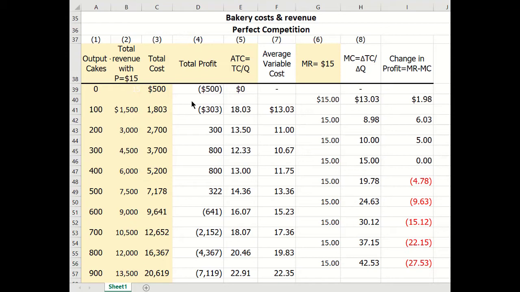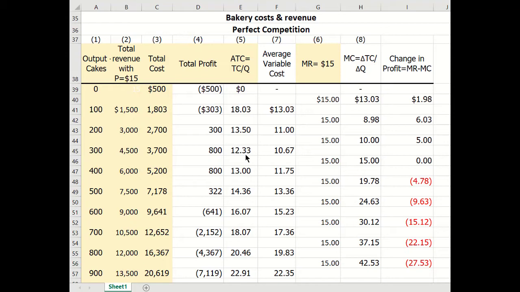Now let's continue with this table here. Let's look at average total costs, column 5. When you hear average total cost, you should think U-shaped. And let's see, is it U-shaped? Well, it starts out at 1803, drops, and bottoms out somewhere around 300 units, which is approximately our efficient scale.